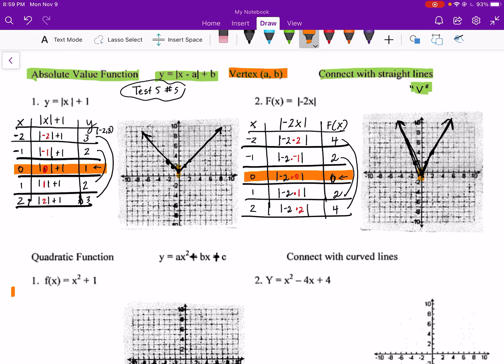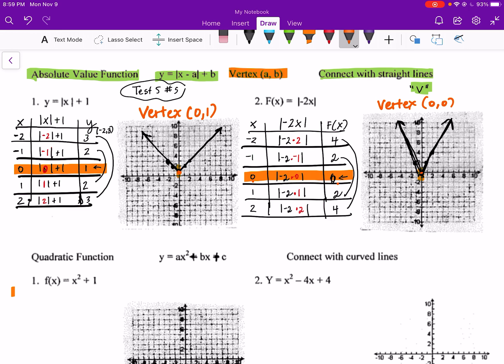Now, I want you to look at this. It says the vertex is A, B. So here, if I wrote my vertex, and maybe I'll pick up the orange pen so you can see it, my vertex would be 0, 1, because that's where this point is located. This vertex would be 0, 0, because that's where it's located.